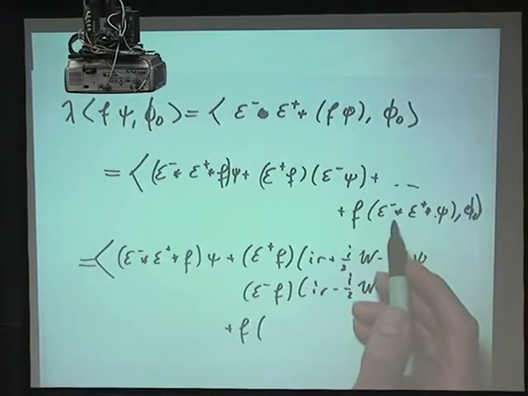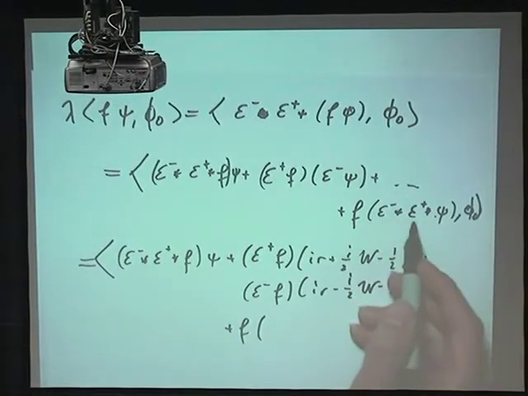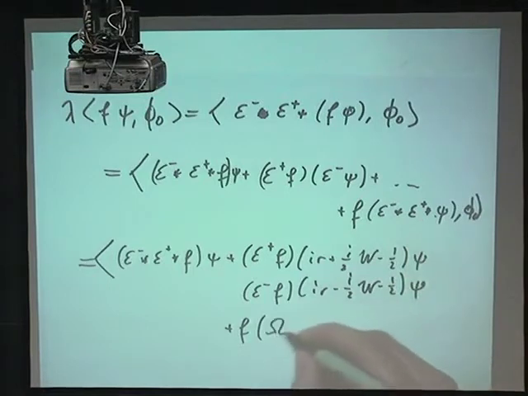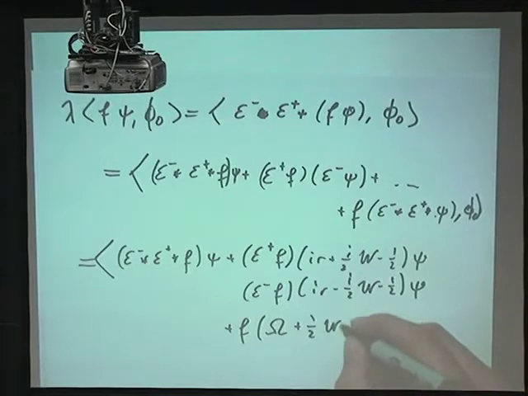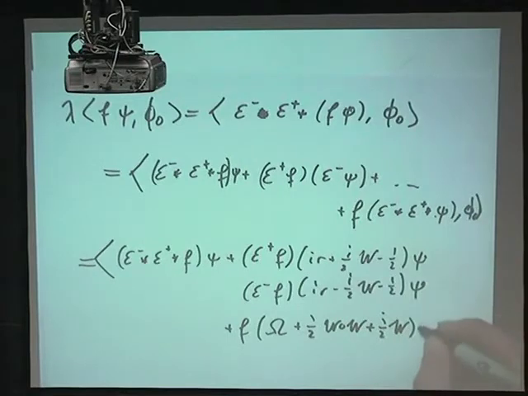There's this W that I need to bring in so that they're actually equal. So there's Casimir plus 1/2 W composed with W plus I over 2W applied to psi.